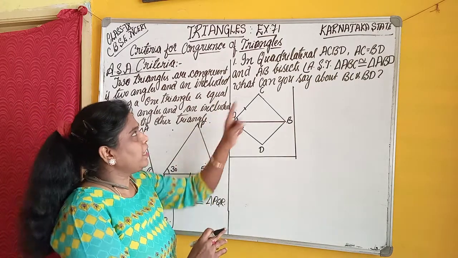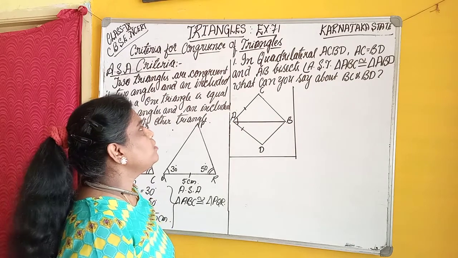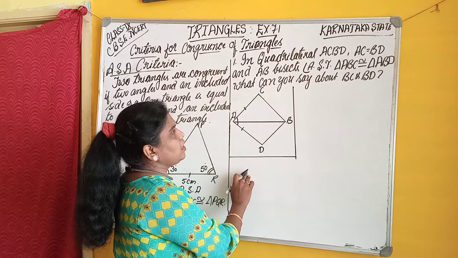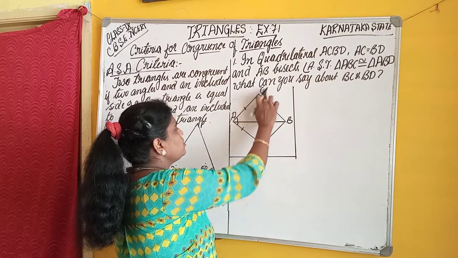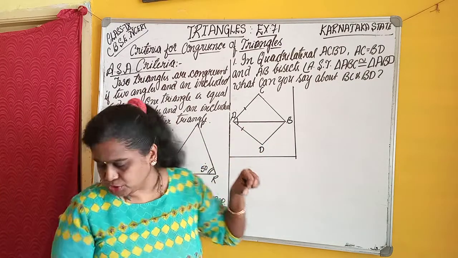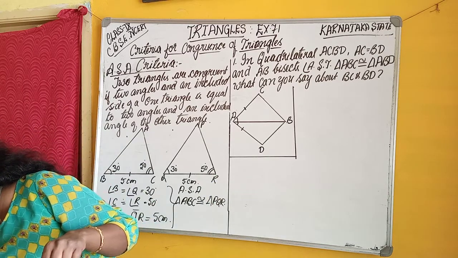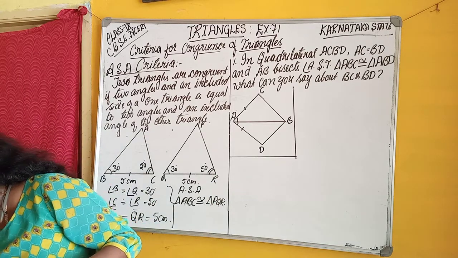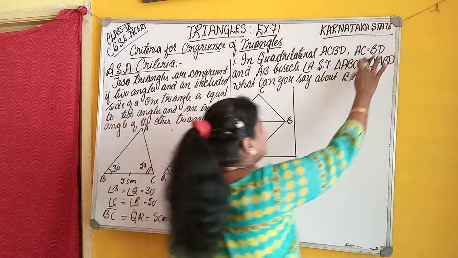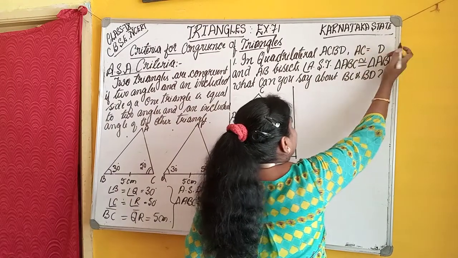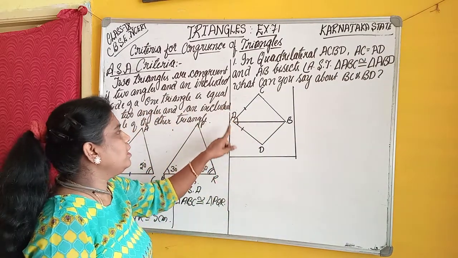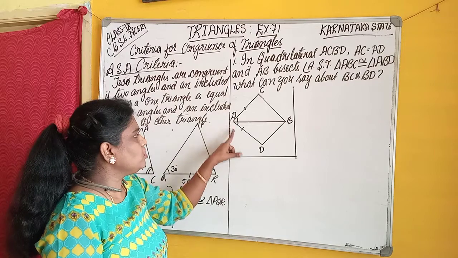Now, shall we start exercise 7.1? First problem: in quadrilateral ACBD, AC is equal to AD.